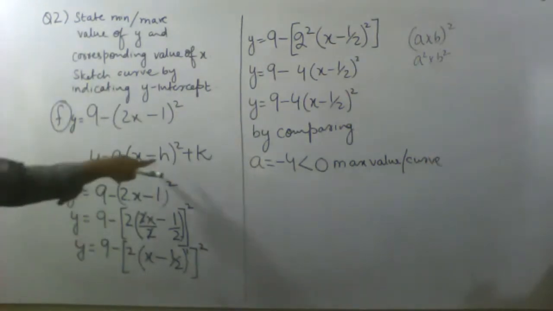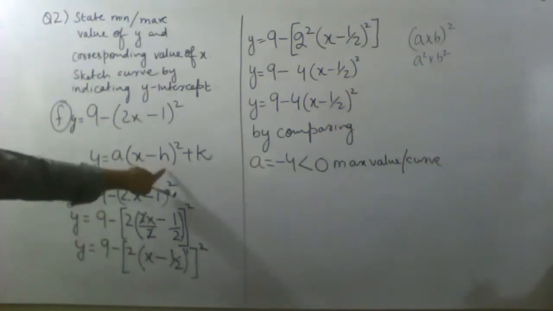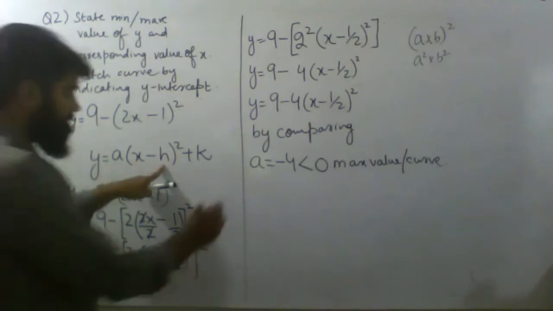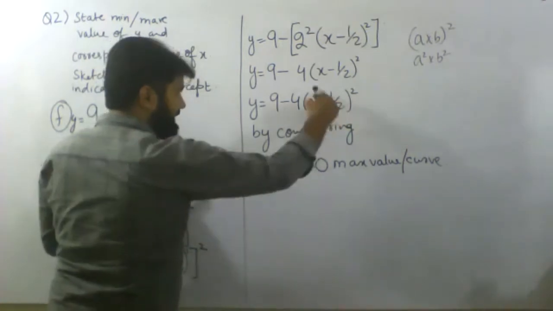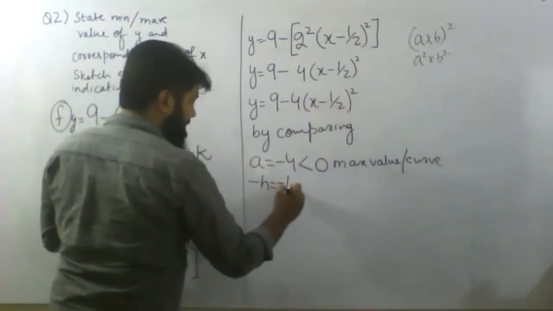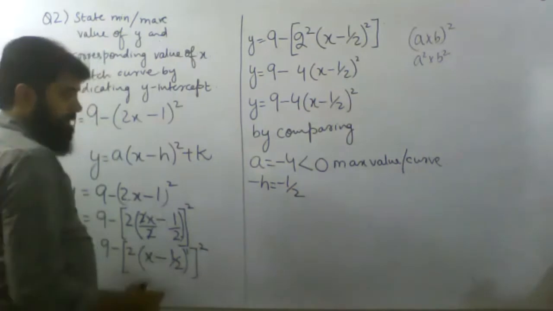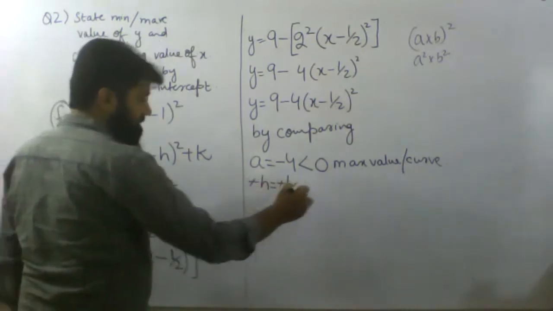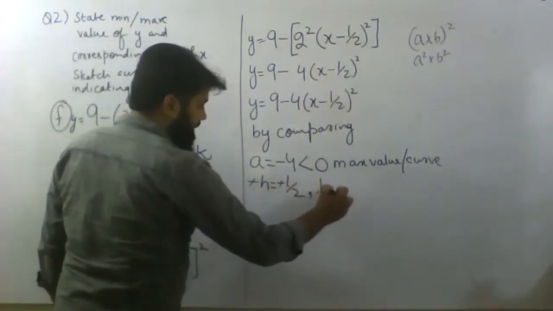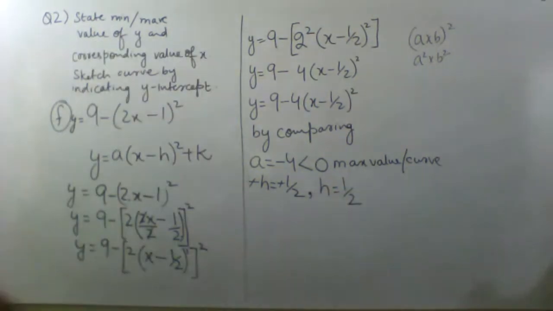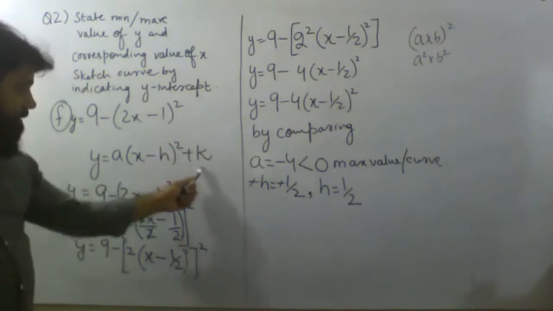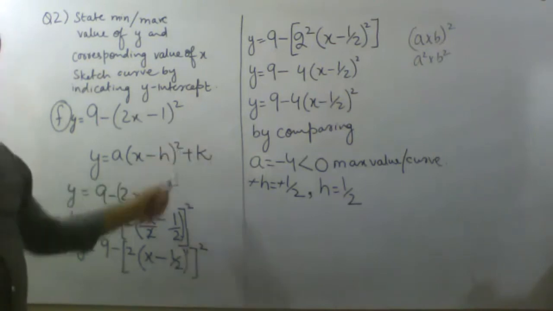After that, minus h is written inside the bracket. And over here, inside the bracket with x is written minus half. So minus and minus will be cancelled, h will be equal to 1 upon 2. Outside the bracket, plus k.